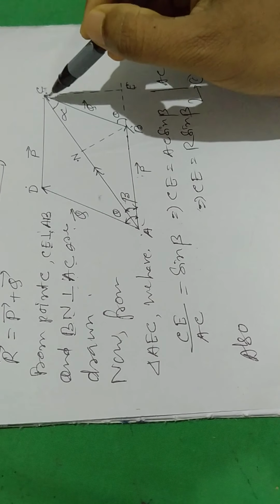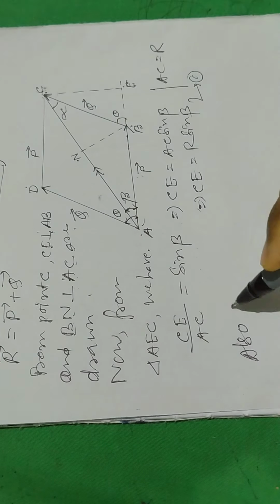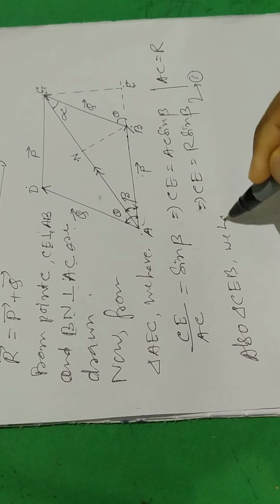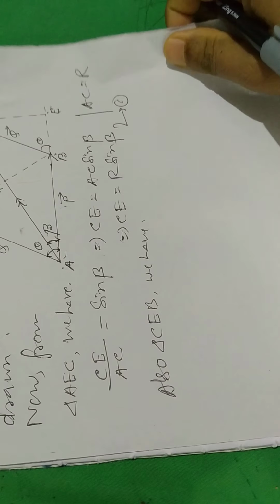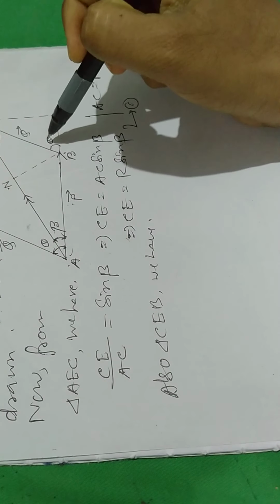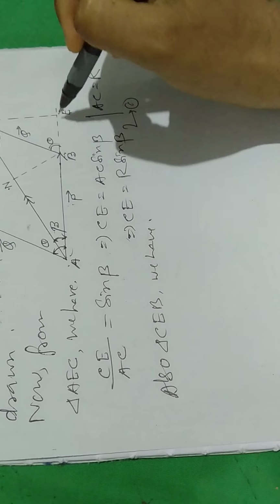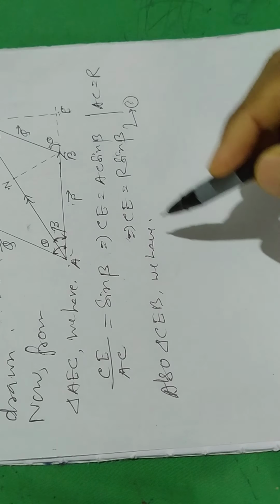Also from triangle CEB, we have, with respect to theta, CE is perpendicular, BE is base and BC is hypotenuse.